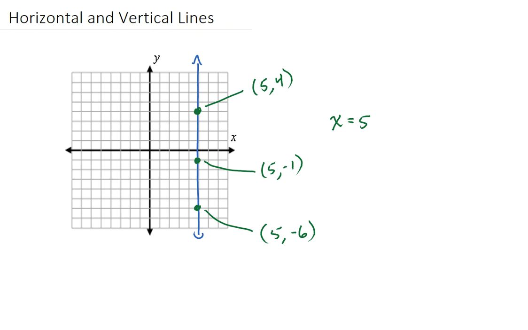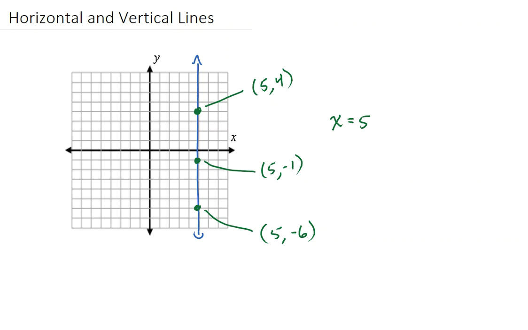So with vertical lines, the x value is fixed. The y value covers all real numbers, and that's really what creates the vertical shape, or the vertical tendency, because x is constant on that vertical trajectory.